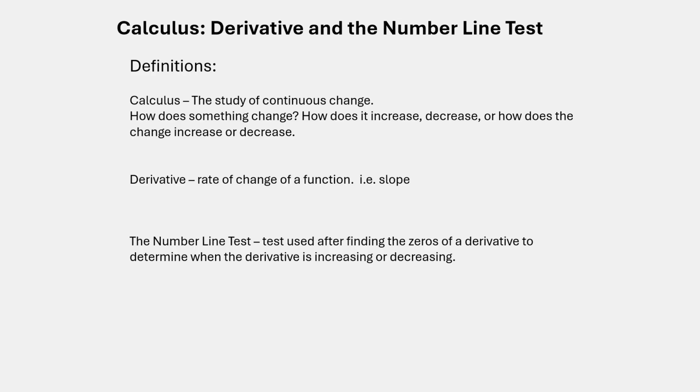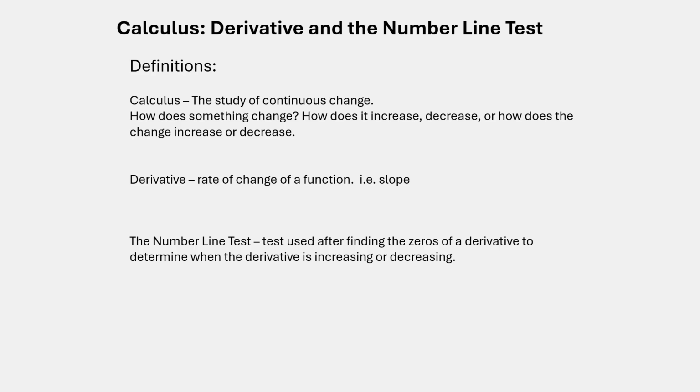We are just breaking this down to its basic parts and using it to test intervals where the derivative of a curve, the slope of a curve, can be increasing or decreasing. But in order to do that, we always have to find the zeros. When does the slope equal 0? When is it not increasing? When is it not decreasing? When is the situation just remaining constant?